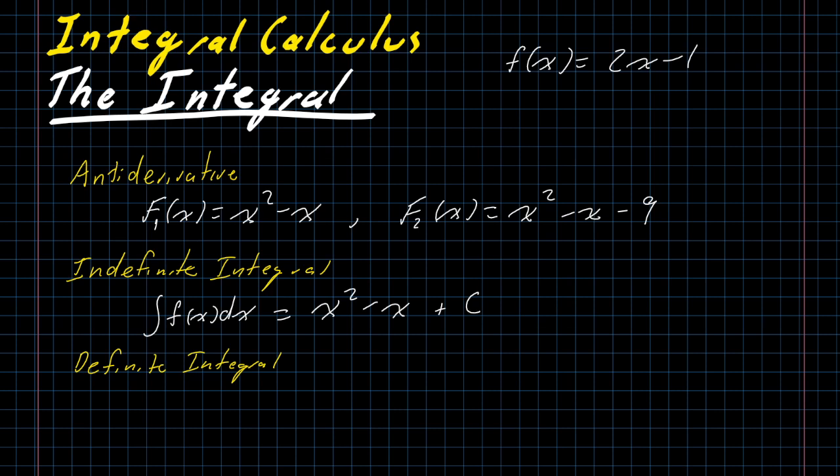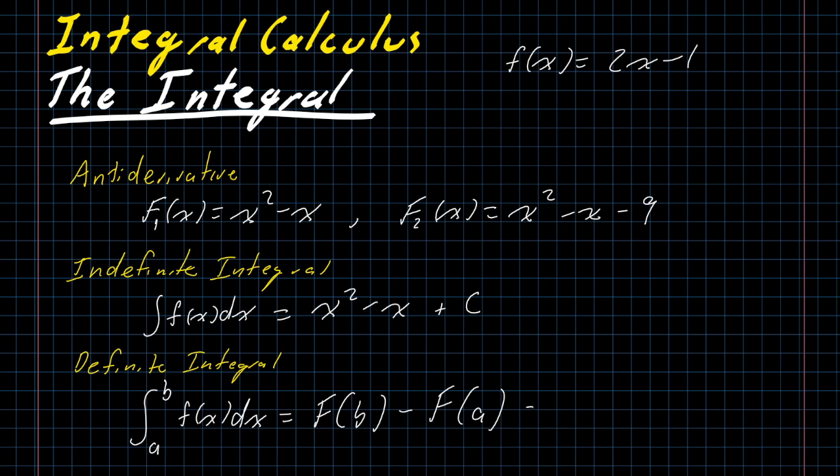The definite integral is a little bit further removed. The fundamental theorem of calculus says that if we want to evaluate a definite integral, we can take any one of our antiderivatives, evaluate at b, take that same antiderivative, evaluate at a, and take the difference between them.